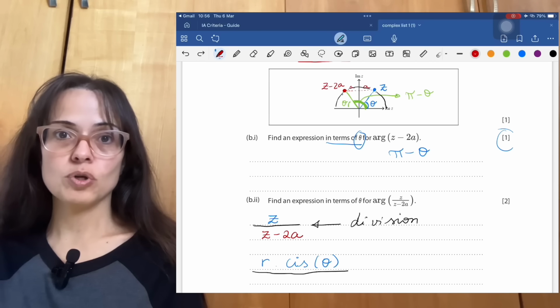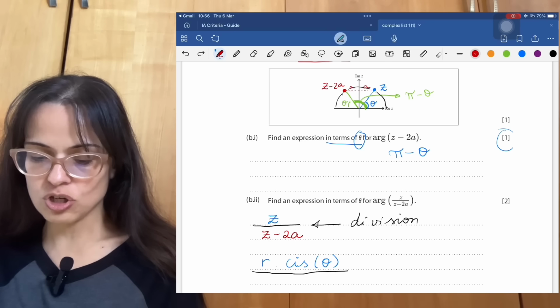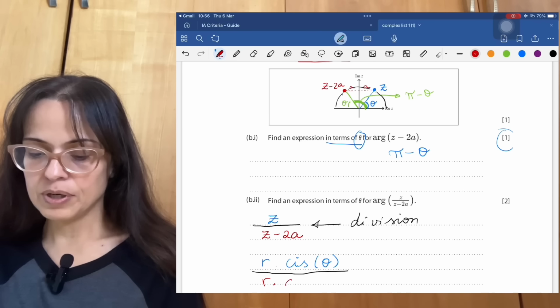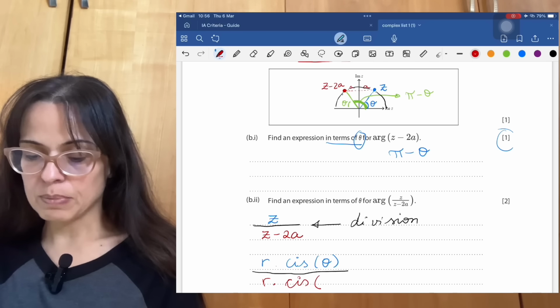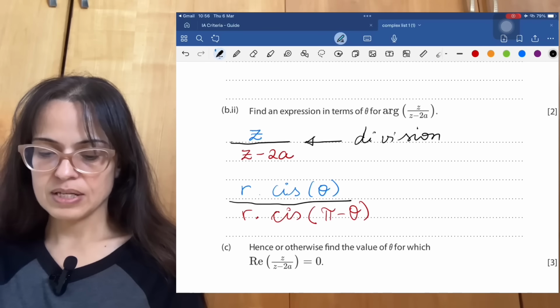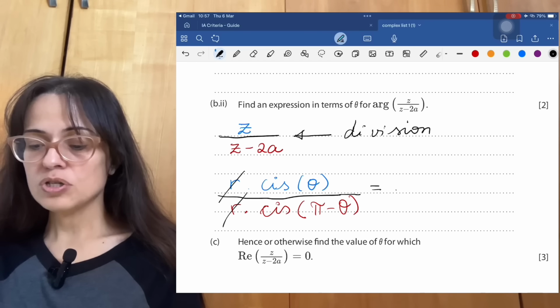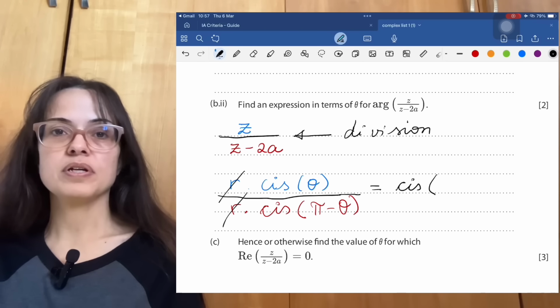Anyway, according to what we did in the previous items of this question, the radius of the red number is also R, but the angle is pi minus theta. So that's why I said that the radius doesn't matter, because it's canceling out. And division is the opposite of multiplication, right?